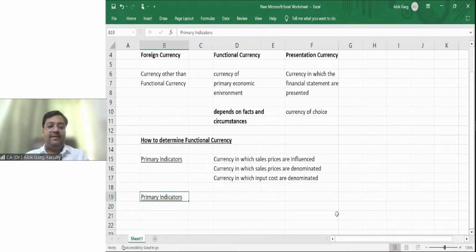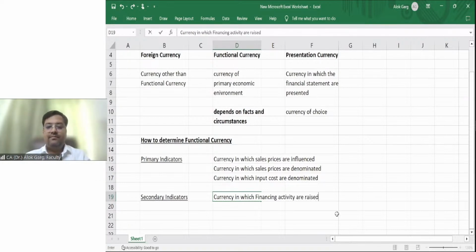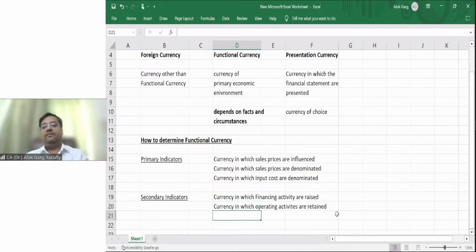In the case of the secondary indicator, you need to look at the currency in which financing activities are raised, and the currency in which operating activities are retained. The cash from operating activities, right? Is that clear?